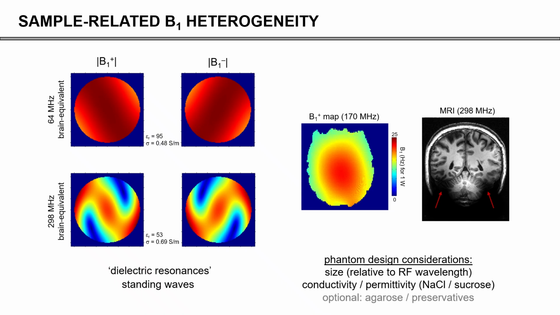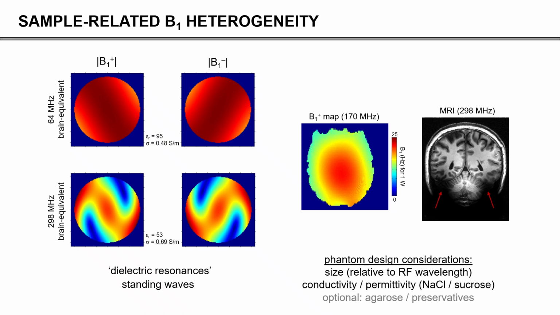Now, this also has consequences if you're going to design phantoms. If you want to have a phantom that doesn't have this standing wave behavior, you really need to limit the conductivity, because that will lead to these kind of standing waves, and also the permittivity as well, and also the size of the phantom becomes important.